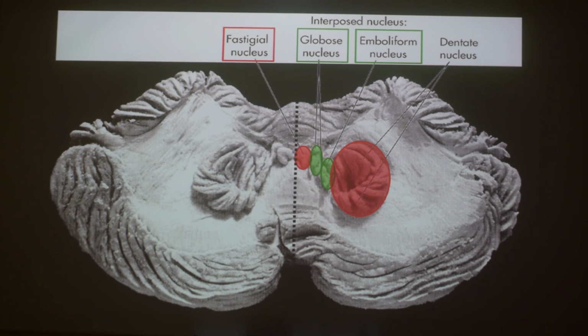Now the dentate nucleus is part of the cerebrocerebellum. That means it is important in the correction of complex movements. The interposed nuclei, which are next to the dentate nucleus, are responsible for correction of movements in the limbs, and the fastigial nucleus is basically responsible for correction of the movements in the trunk and the head.